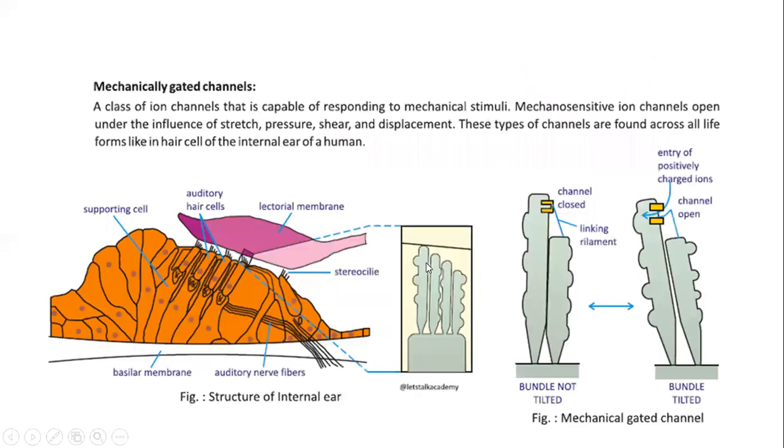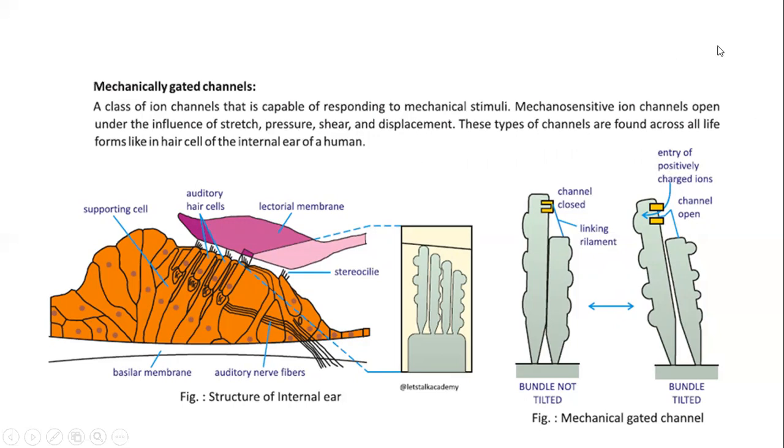Now let's talk about the mechanically gated channels. So mechanically gated channel, this is I think only the one example I have here. It is a class of ion channels which is capable of responding to mechanical stimulus. For example, mechanosensitive ion channels get open under the influence of stretch, pressure, shear, and displacement.